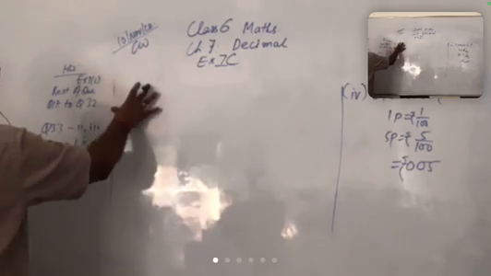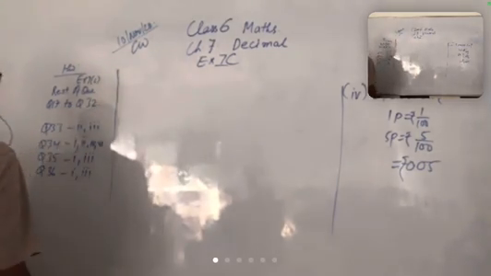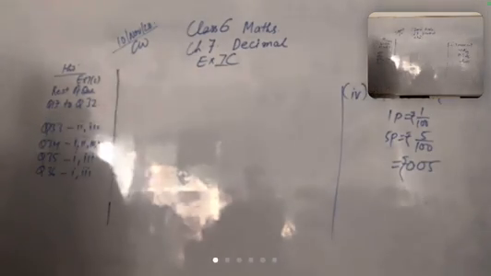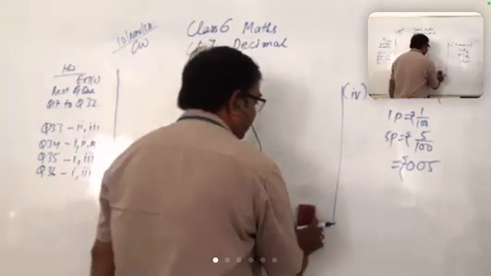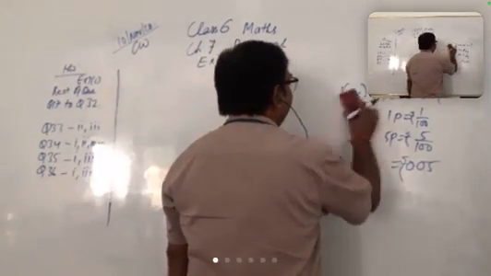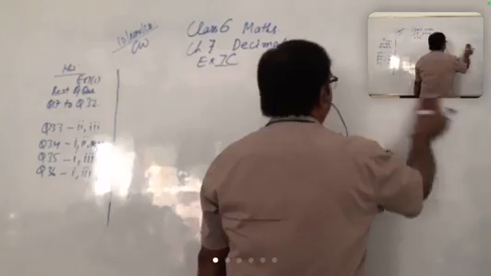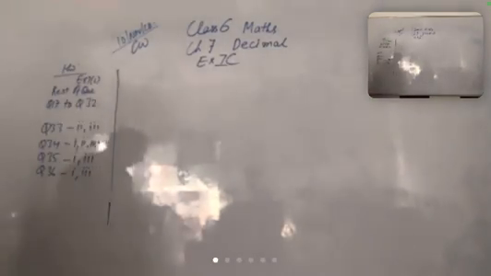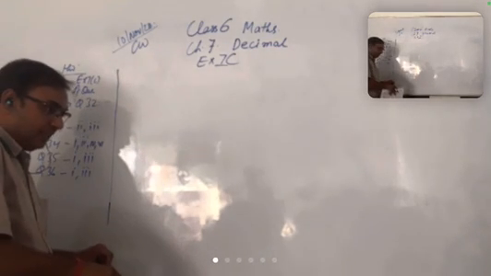You are in Lucknow now? Good. Oh, Raebareli. Good. You are in Raebareli. Huh? What do you say? Kotdwar.